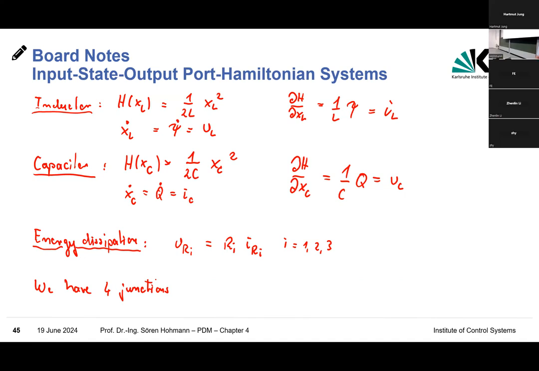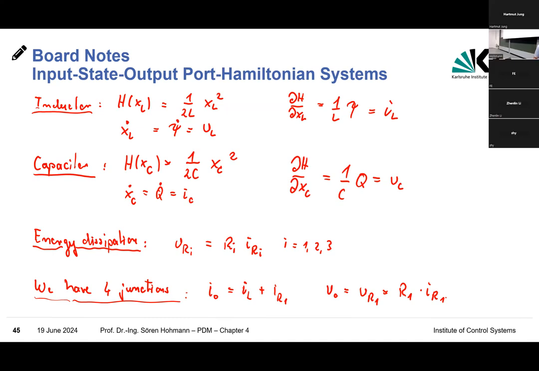We can say, okay, the 4 junctions I want to write out, because the 4 junctions describe one relation. So we have i_R1, and we have u_0, which is equal to u_R1, second junction, R1 times i_R1.